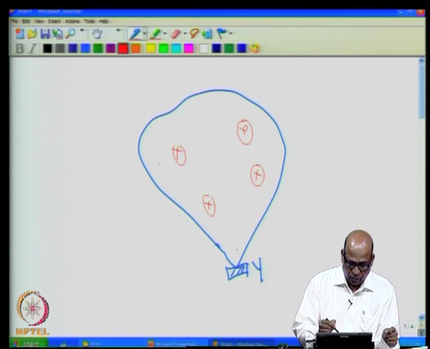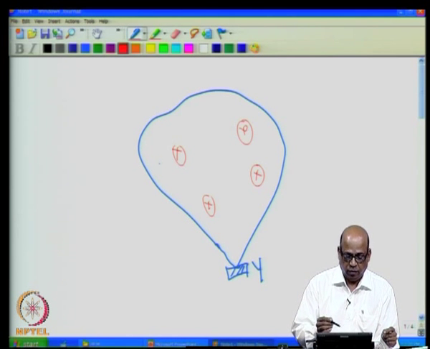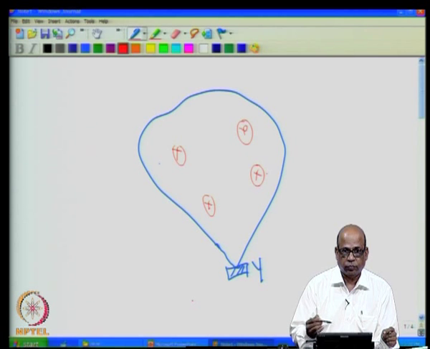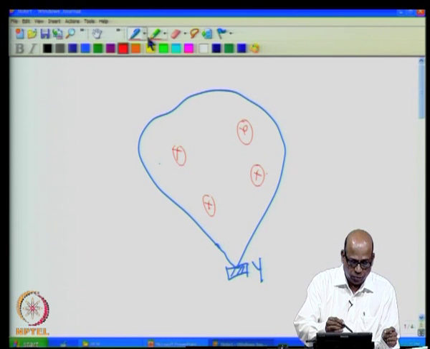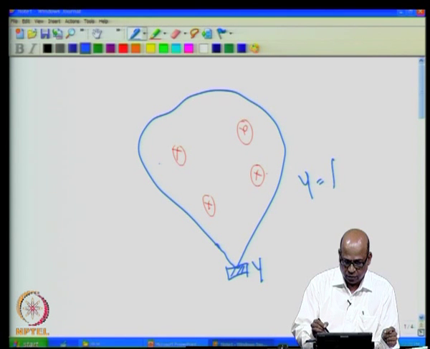But it may so happen that you would like to use all of these rain gauges independently. Let us say there is x 1 here, x 2, x 3, x 4 and so on. You may want to use all of them and then relate with the runoff at this location. So, we may want to write y as a function of x 1, x 2 etcetera x p.